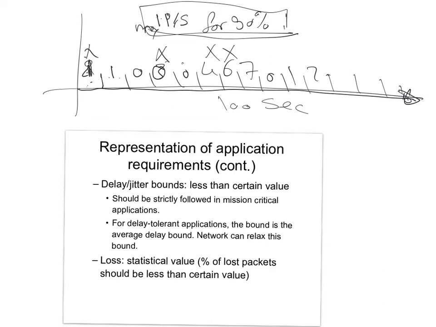What I'm trying to do is make it easier, because counting 90 is hard, but counting 10 is easier. So I count the number of 1-second durations that have more than 1 packet drop, because these are the time durations that are in violation of this constraint, 1 packet drop per second. If the number of these 1-second durations is more than 10, then we are in violation.